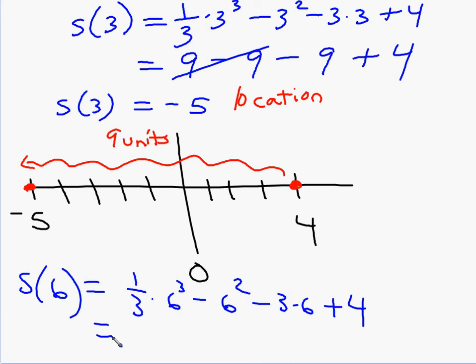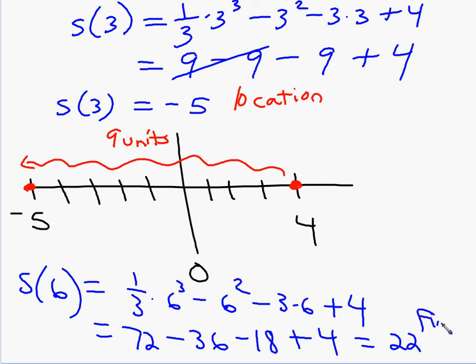And 216 divided by 3 is 72. So this is going to be 72 minus 36 minus 18 plus 4. 72 minus 36 is 36. 36 minus 18 is 18. 18 plus 4 is 22. That is my final location.